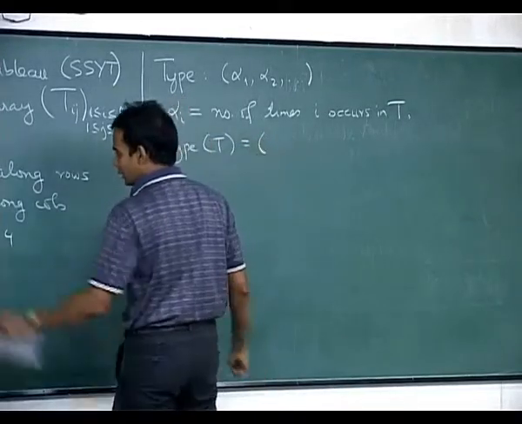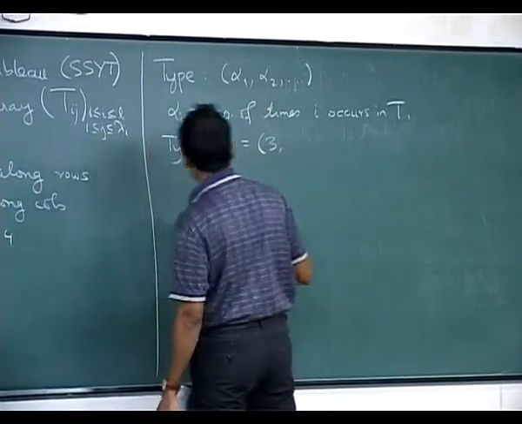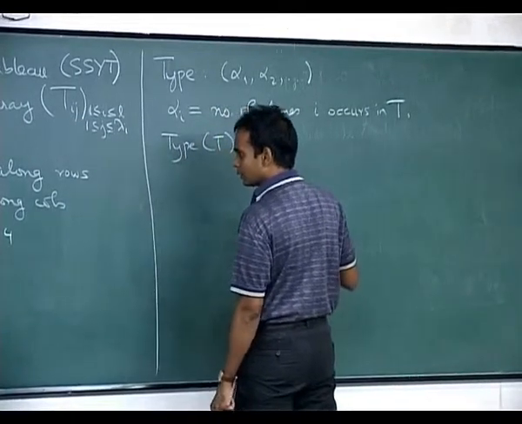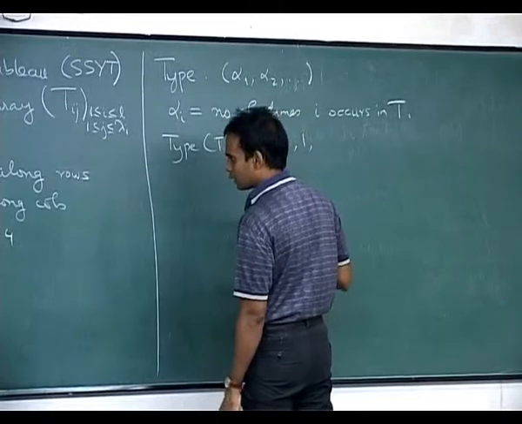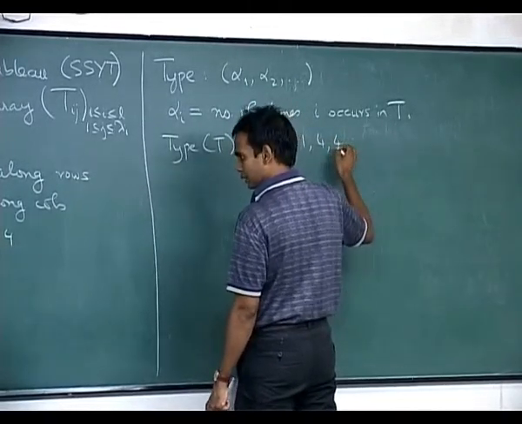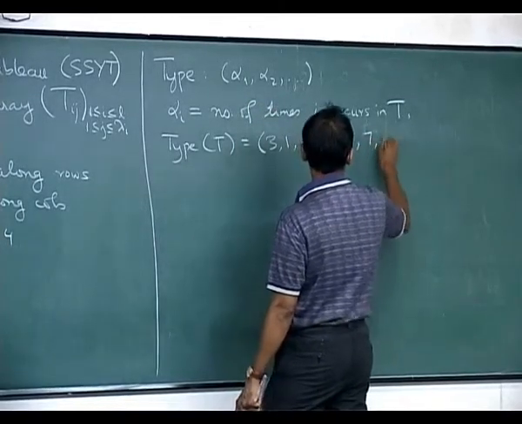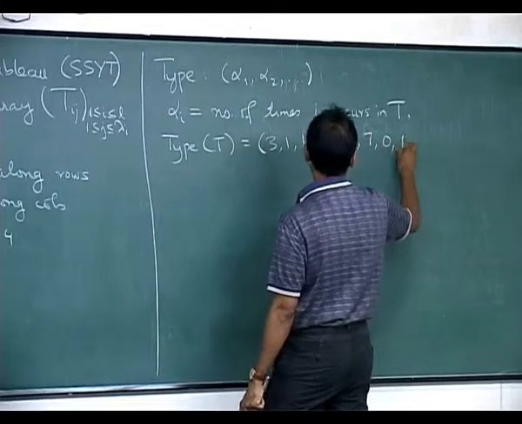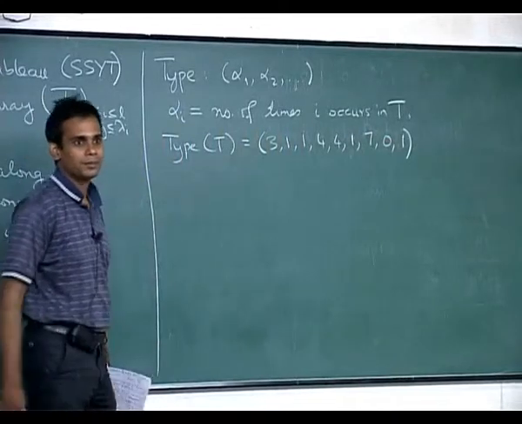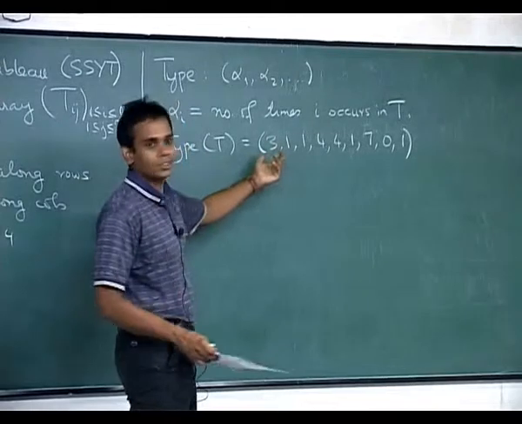Let's see, 1 occurs 3 times, 2 occurs only once, 3 occurs once, 4 occurs 4 times, 5 occurs 4 times, 6 once, 7 occurs once, 8 occurs 0 times, and 9 occurs once, and then the rest are 0. We'll just terminate this once they all become 0. The type here is not a partition.